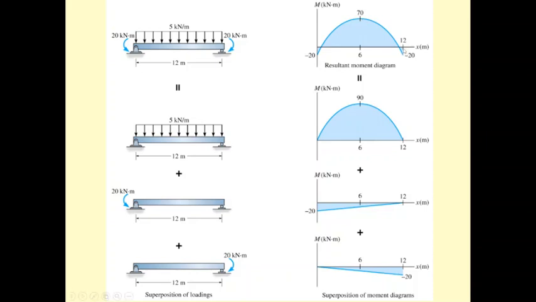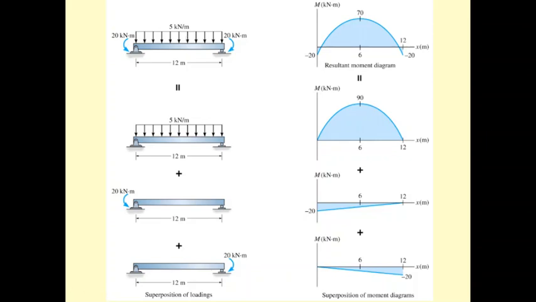And on the right, we are going to get 0, and minus 20 is the value of the moment on the right hand side. By doing the same like this, we can use the results of simpler beams and combine them together to get a more complicated beam.